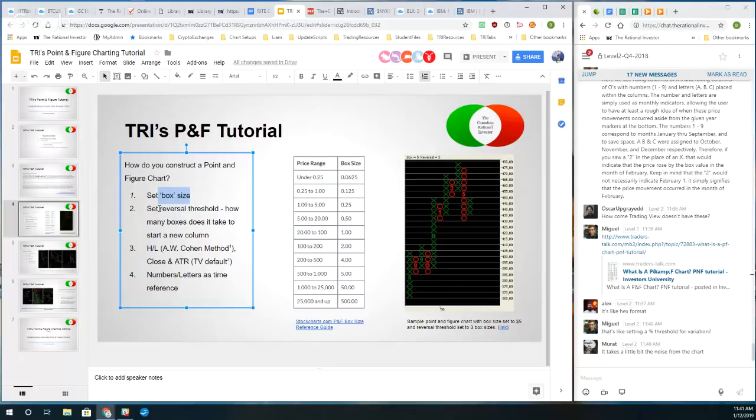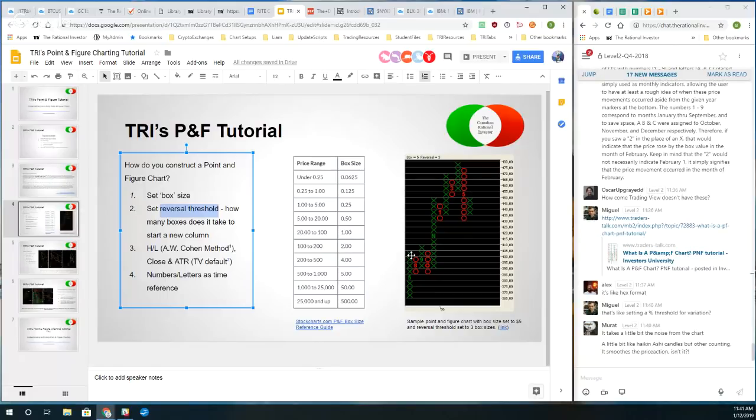That's what's called the reversal threshold. So if we had set this to, say, $1, or it looks like this is set to $5, what is the rule of thumb to actually constitute a quote unquote reversal? The answer here is what I'd like for you to take away from this.